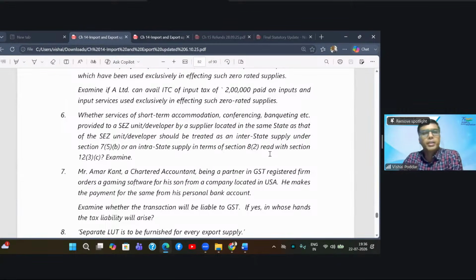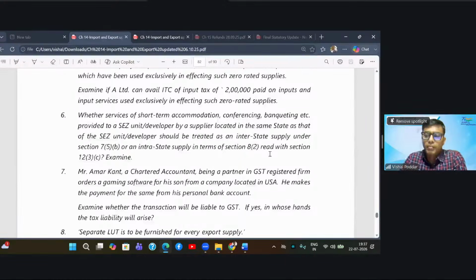Now here students, interesting point is, we all know wherever you are making supply in the same state, then as per section 8 of the IGST Act, that supply is treated as an intrastate supply, correct? However, the conflicting point is section 17.5 says that any supply made to SEZ will be treated as interstate supply.